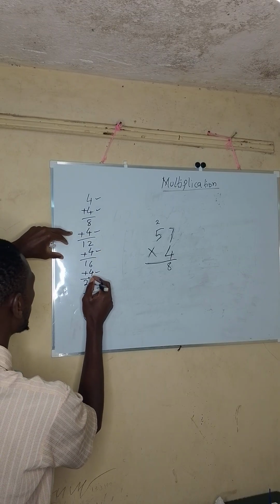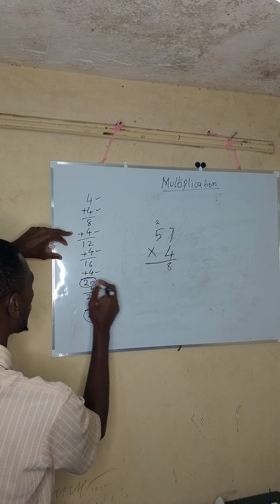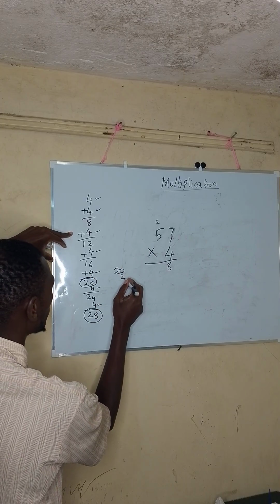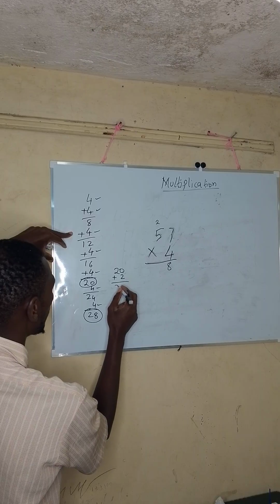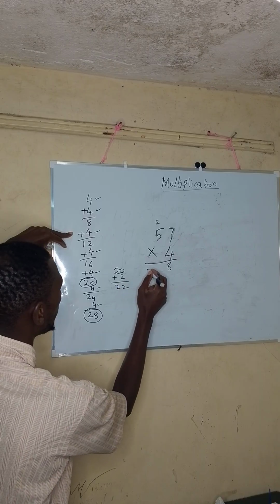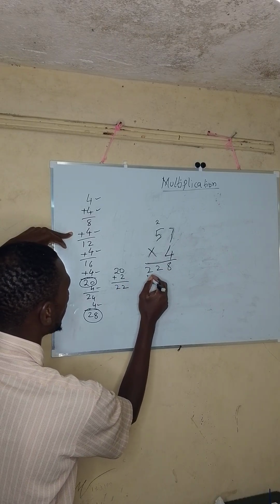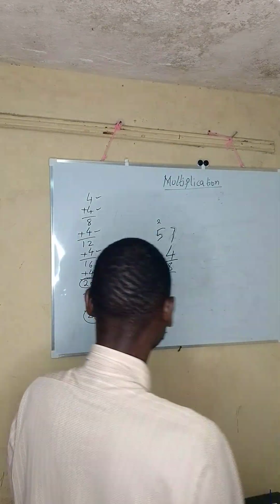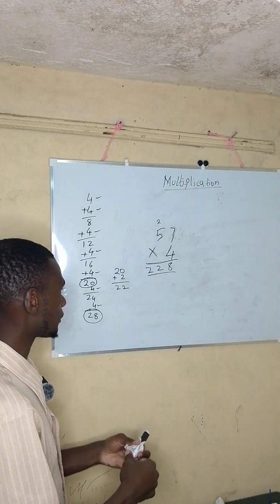That 5 gives you a total of 20. So you will have 20 plus the 2 that you carried. You'll have a total of 22. So you come and bring it there. Then you have your final answer there, 228.